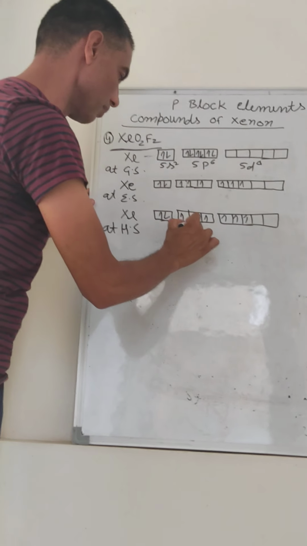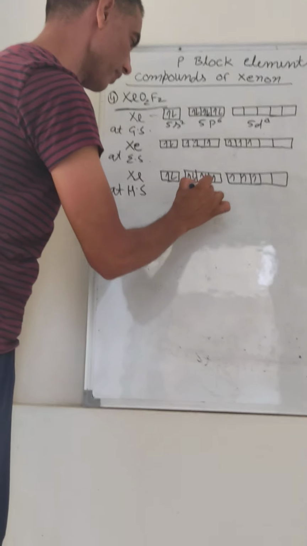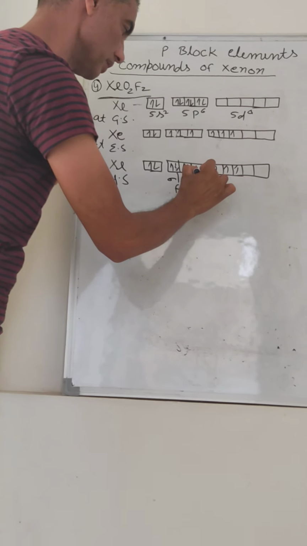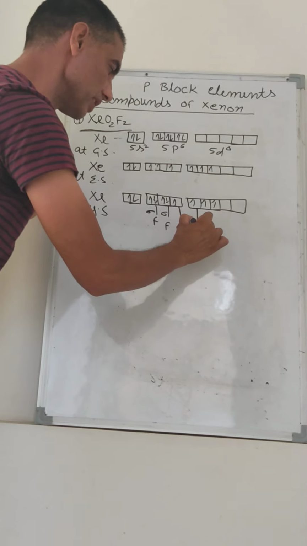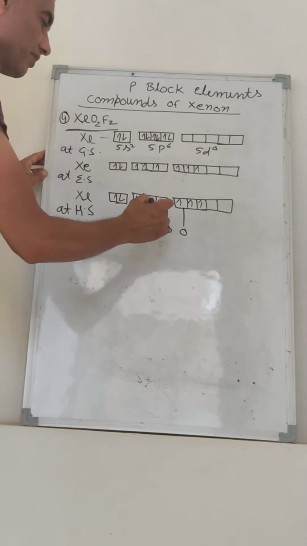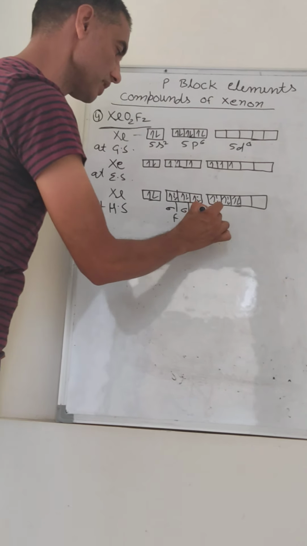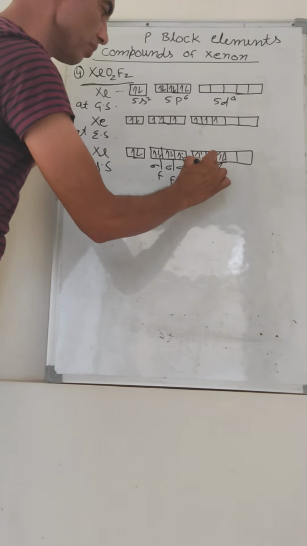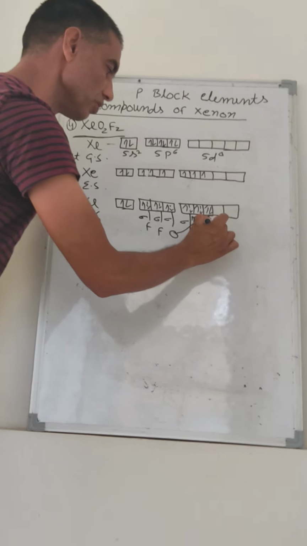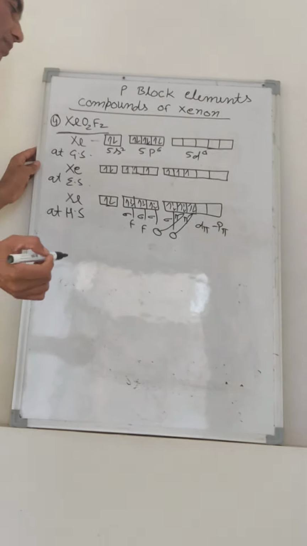2 oxygen are bonded with sigma bonds. 2 fluorine are bonded with sigma bonds, and oxygen is bonded with sigma and pi bonds. 2 pi bonds are also produced due to dπ-pπ overlapping.